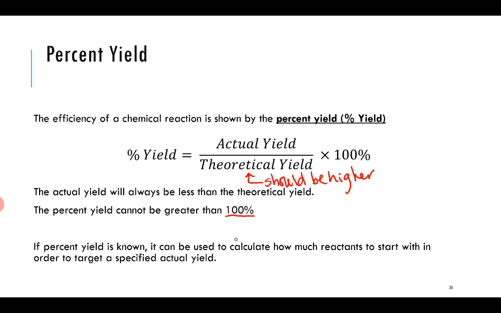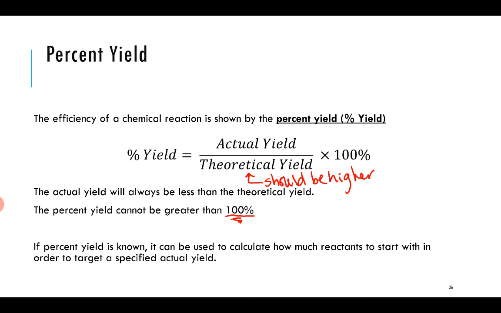Some reactions just don't go to completion because the product molecules bump back into each other and reform reactants. Sometimes you spill, sometimes you lose things on the side of your glassware. They get stuck in places they're not supposed to. You could even have side reactions happening that are not what you expected.